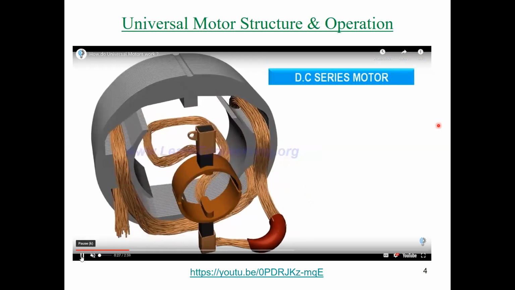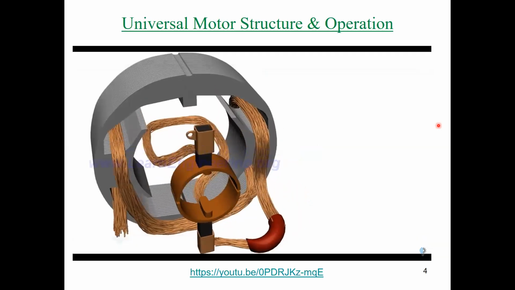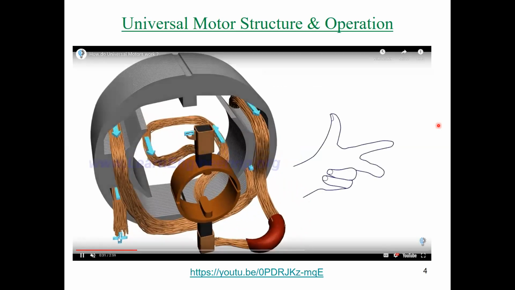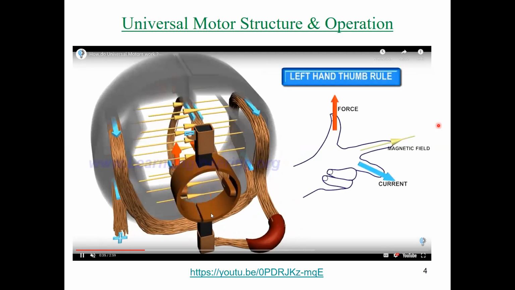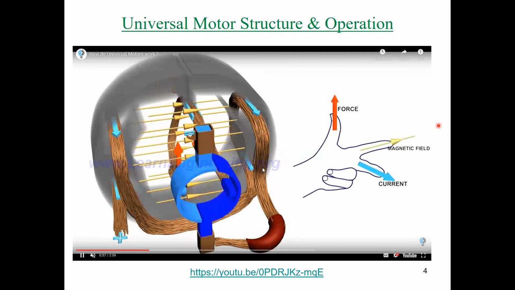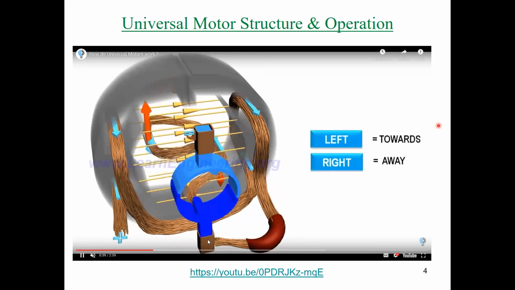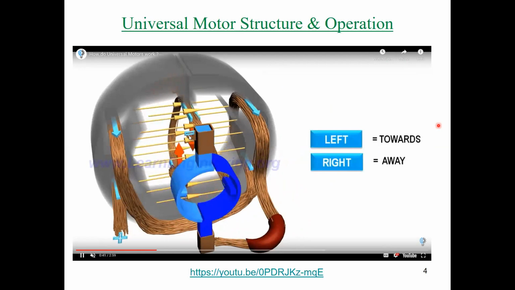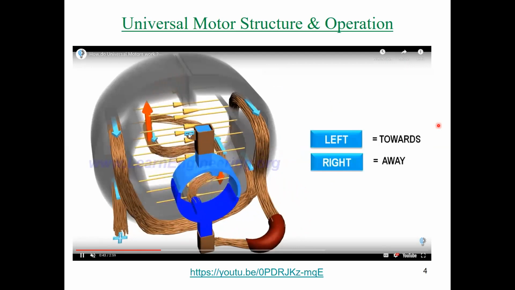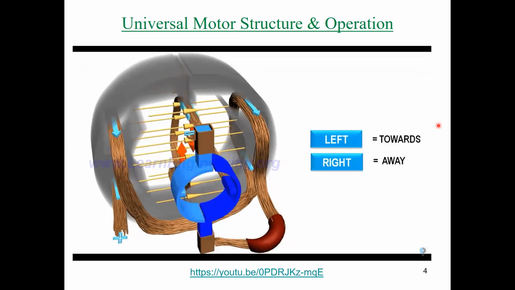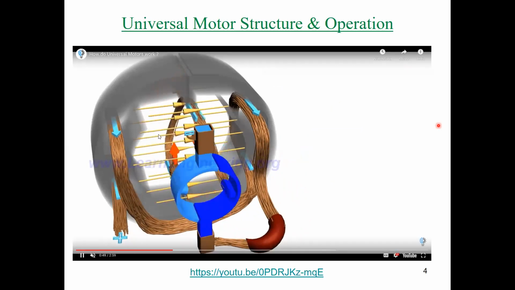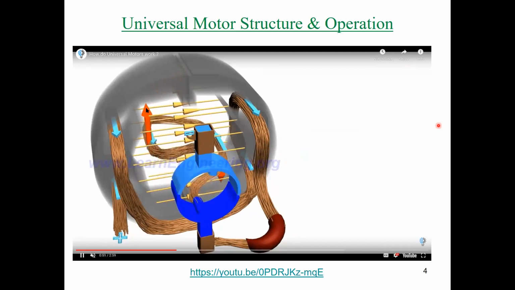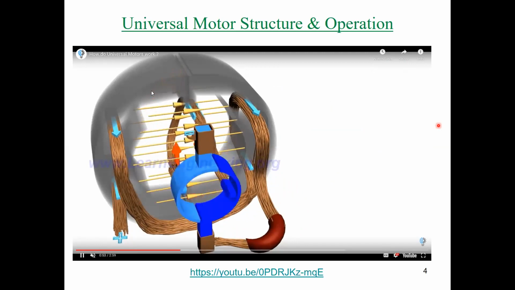As you can see here, this is one simple shape. We have the positive sign here, and the winding moves in the bore of the stator and is connected to the brush here, and the upper brush is connected to the negative sign. So now we connect it as DC excitation. As you can see, the torque is unidirectional all the time.